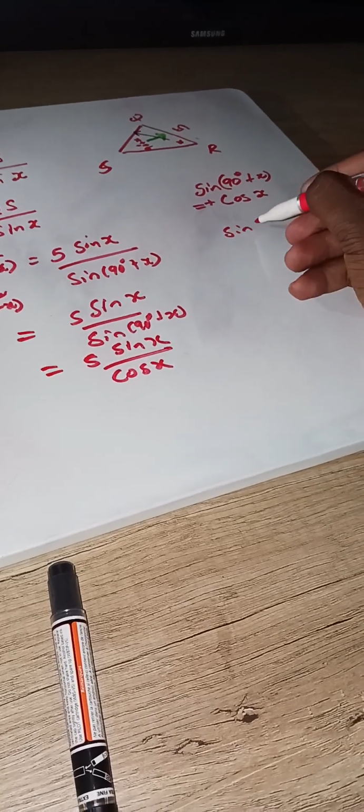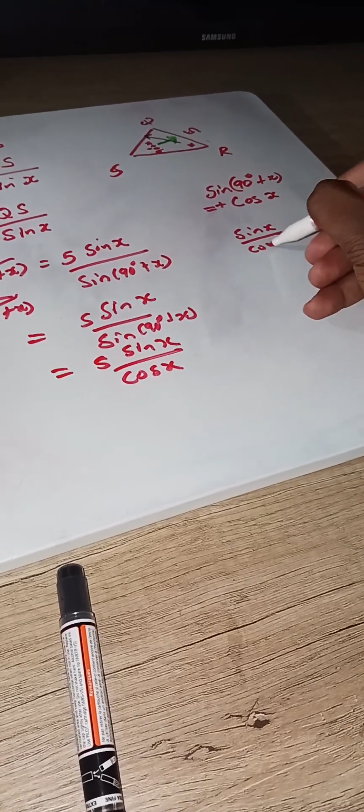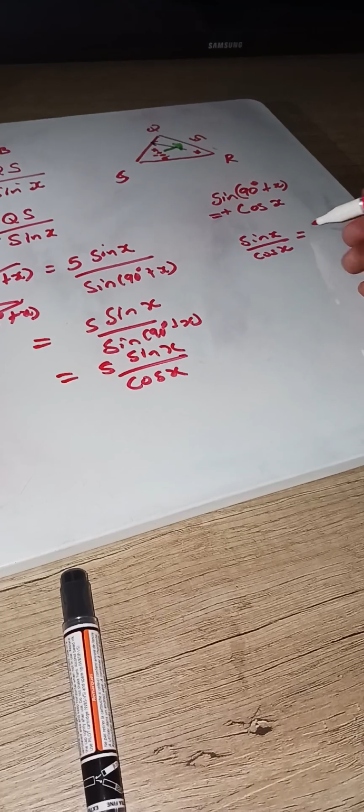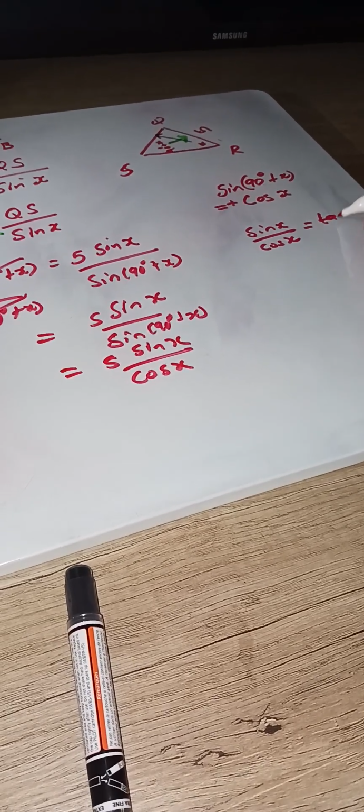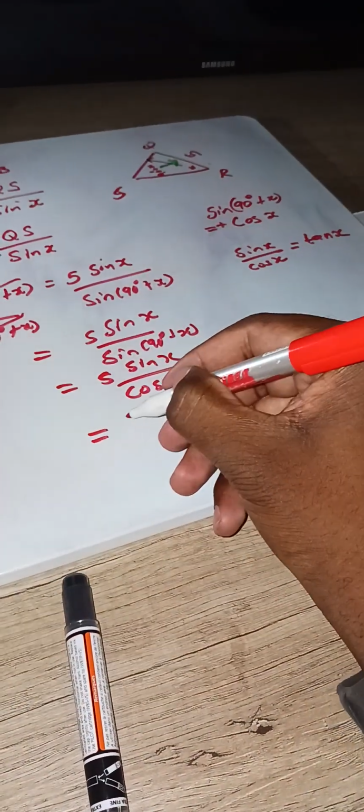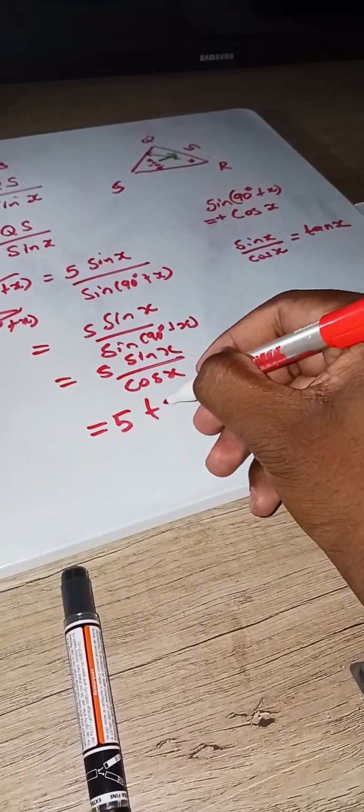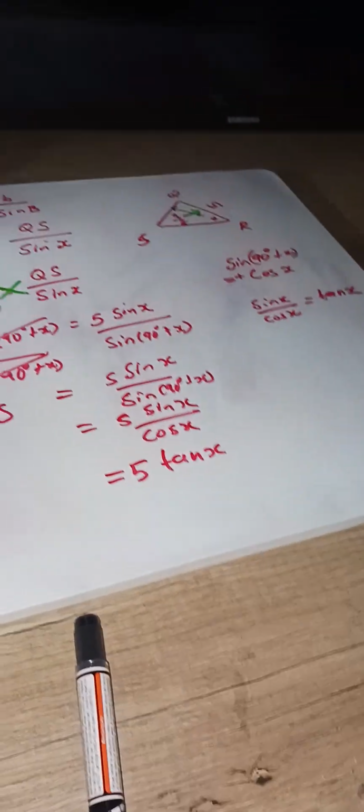The identity that sine X over cos X is equal to tan of X. And there we get our answer, 5 tan of X.